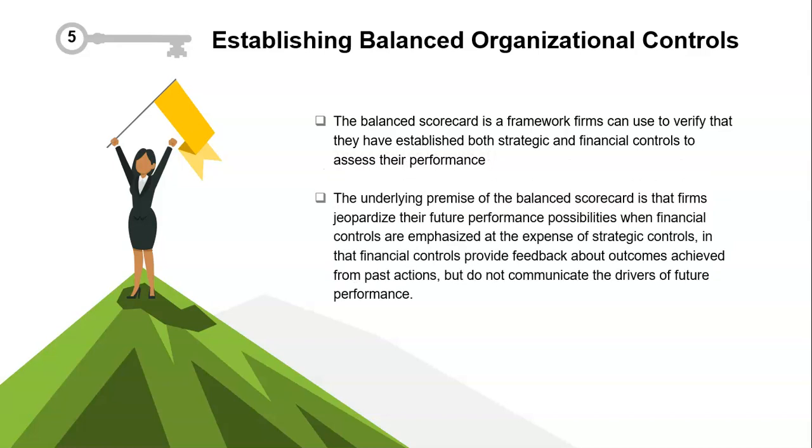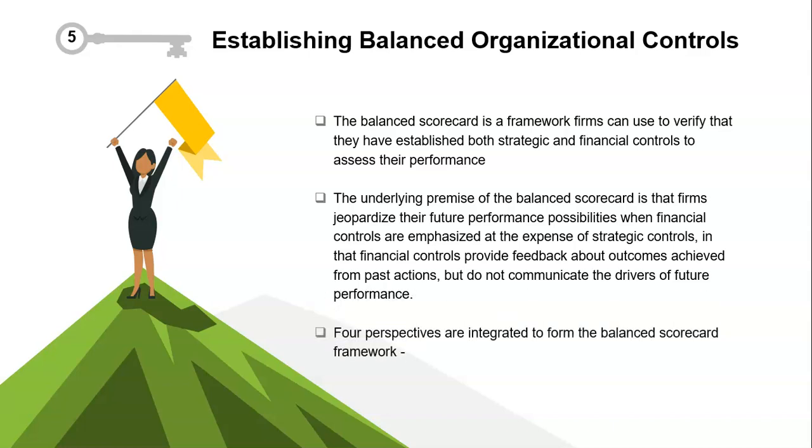And the underlying premise of the Balanced Scorecard is that firms jeopardize their future performance possibilities when financial controls are emphasized at the expense of strategic controls, in that financial controls provide feedback about outcomes achieved from past actions but do not communicate the drivers of future performance.